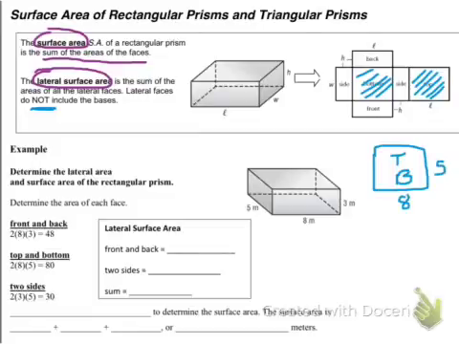And then we have two sides that are 5 by 3.